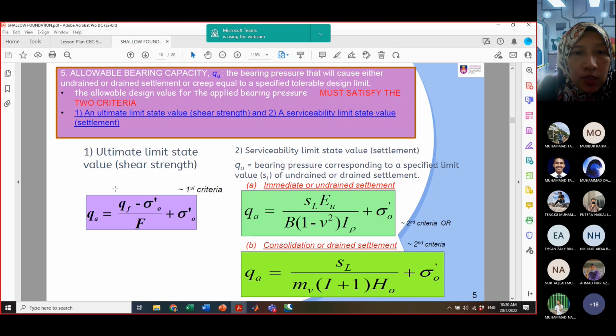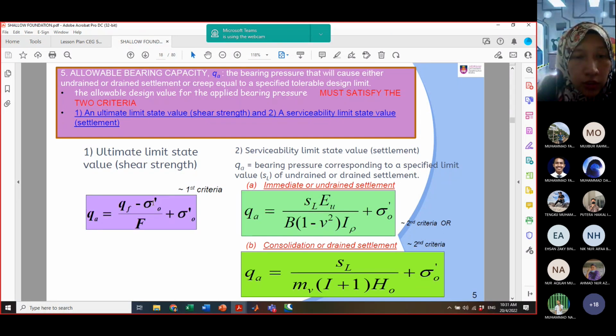What is the ultimate limit state value, or the shear strength, the first criterion for allowable bearing capacity? The allowable bearing capacity, or sometimes called the safe bearing pressure, is equal to the ultimate bearing capacity QF minus overburden pressure, over the factor of safety, plus the effective overburden pressure.